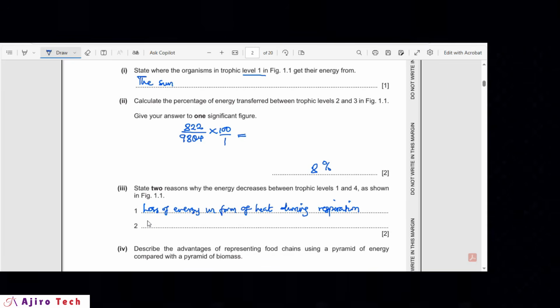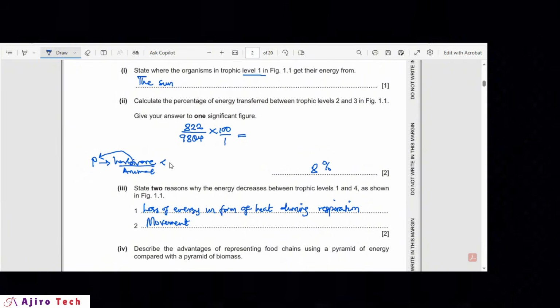Also, energy is used during movement. So if, for instance, we have the producer, which is a green plant, and you have the primary consumer, which is a herbivore, an animal. The herbivore has to move around to get plants, and in the course of moving, the muscles of the herbivore will use energy.